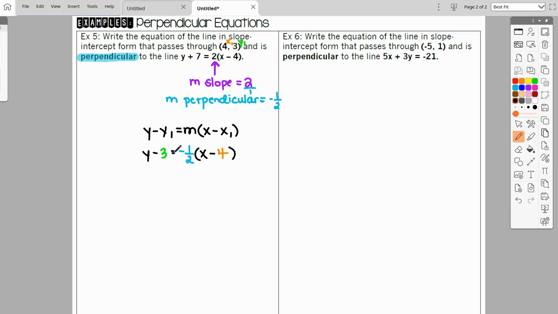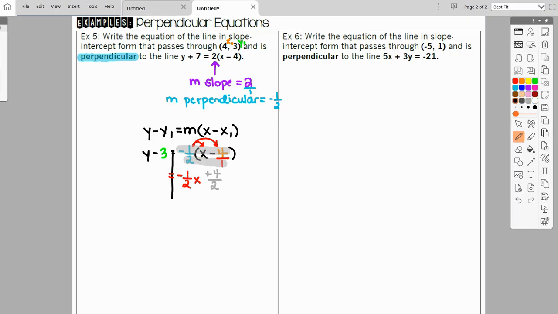I'm going to go ahead now and get this in slope-intercept form. I start by distributing the negative 1/2 to each term in my parentheses. Negative 1/2 times x is just that, negative 1/2 x. Negative 1/2 times negative 4, I'll put the 4 over 1. That way I multiply straight across the top here. Negative 1 times negative 4, that is 4 here, a positive 4. And then I'm going to go ahead and divide it by multiplying my denominator terms of 2 times 1, which is 2.